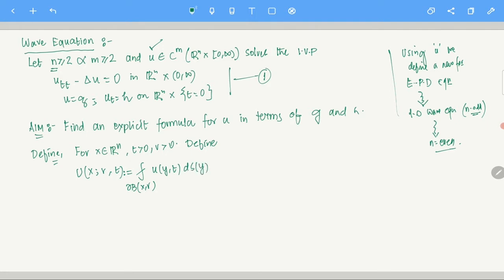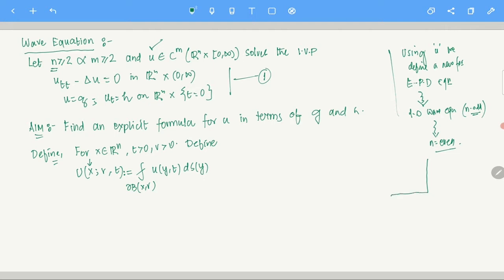Let me clarify what I meant by all of this. I am basically looking at the average of u. So how am I defining the function? Here x is not moving, right? It's a fixed x. So once you fix an x in R^n, your domain will look like this, no?